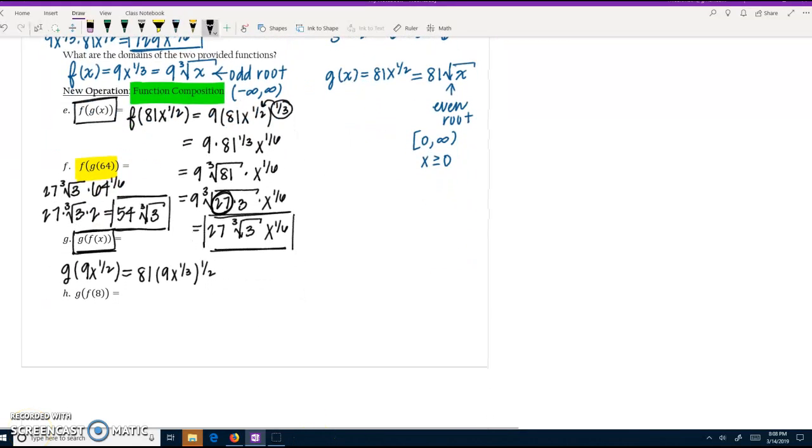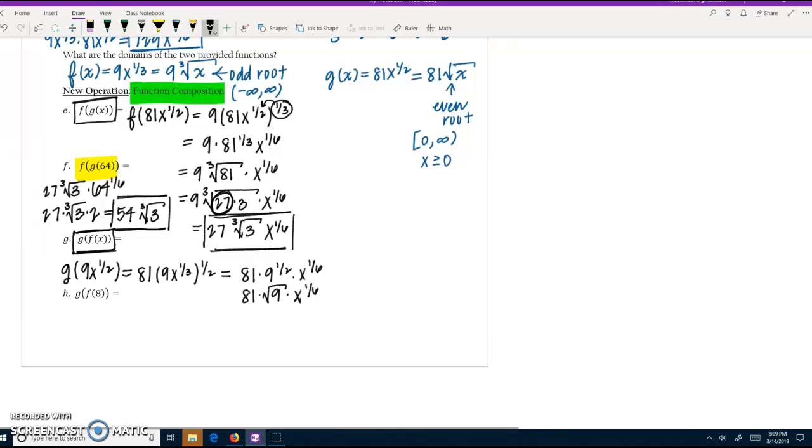So just like before, I need to do some distribution of that exponent. So that's going to give me 81 times 9 to the 1/2 power times x to the 1/6 power, if I multiply those exponents together again. Now this one is a little bit nicer in that when I do 81 times 9 to the 1/2, that's the same thing as 81 times the square root of 9.